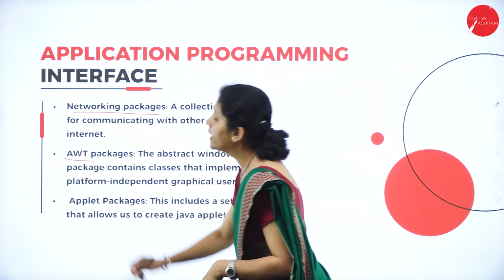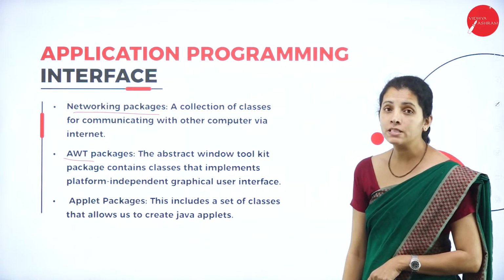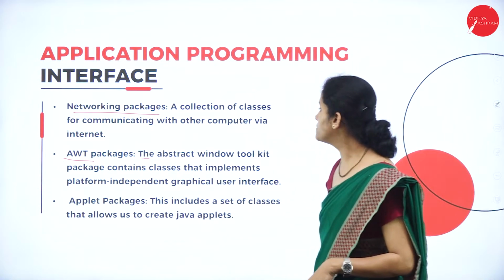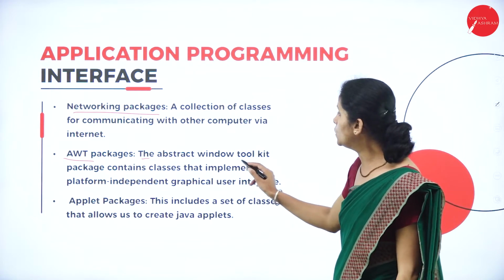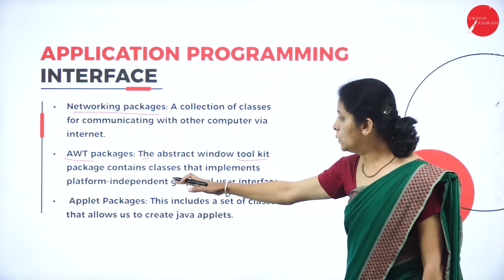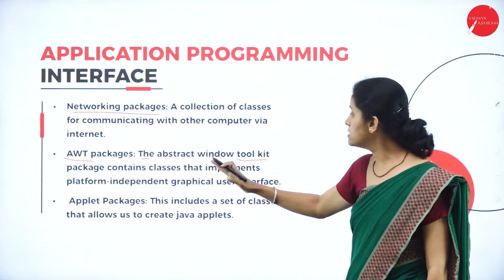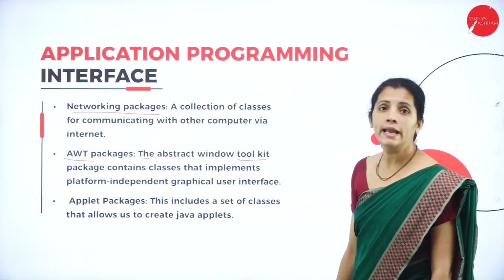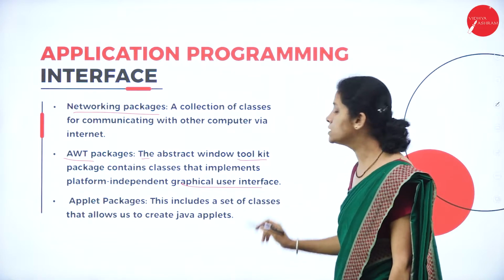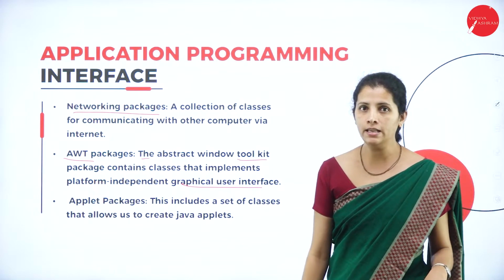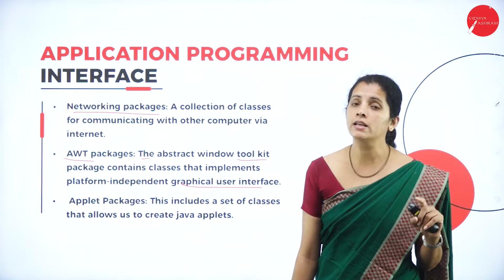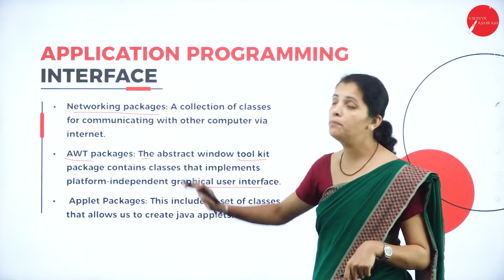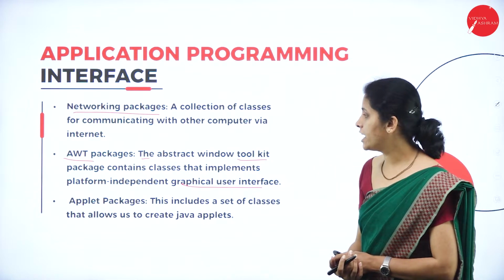Now, AWT, that is the Abstract Windows Toolkit package. So here the Abstract Windows Toolkit package includes a number of classes and methods for implementing platform independent graphical user interface. That means whenever I want to create a graphical user interface, at that time I want to import the AWT package.